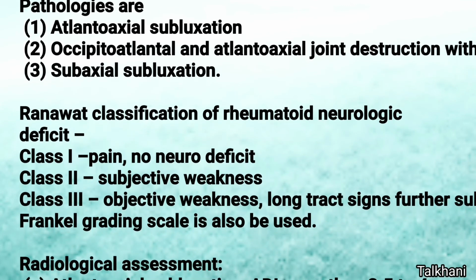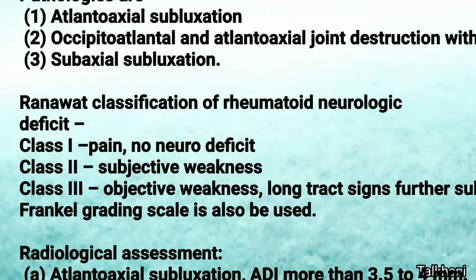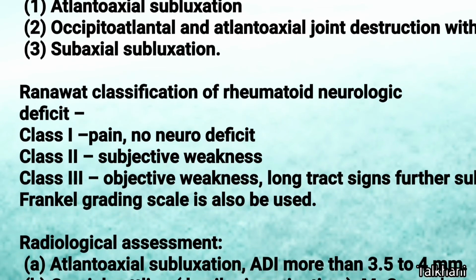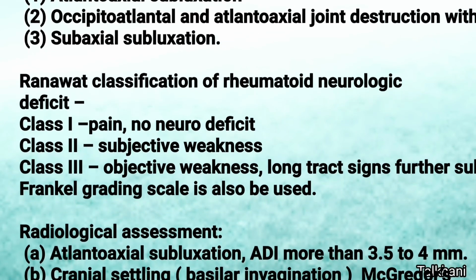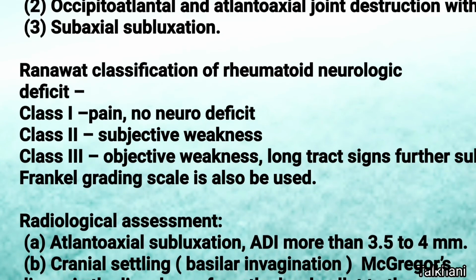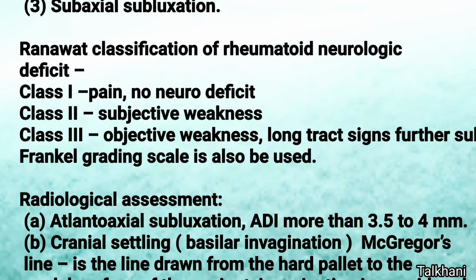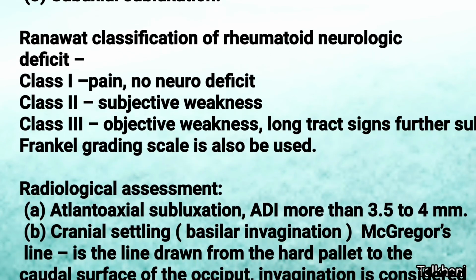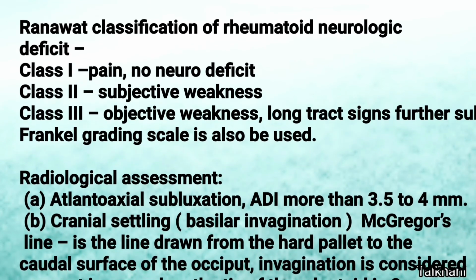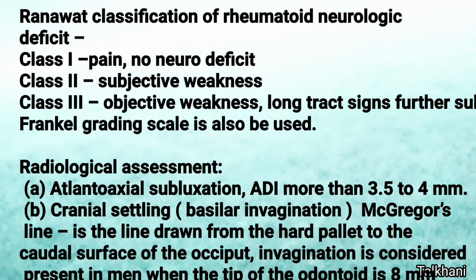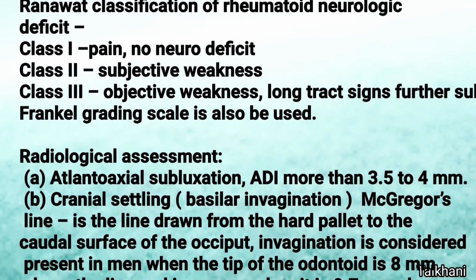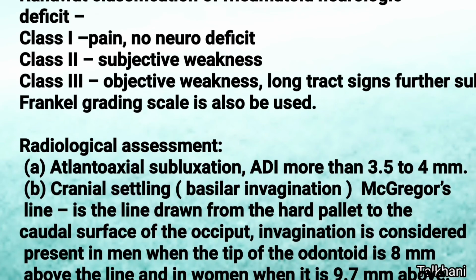Ranawat classification of rheumatoid neurologic deficit: Class 1, pain but no neurodeficit. Class 2, subjective weakness. Class 3, objective weakness with long tract signs. Class 3 is subclassified as A. ambulatory and B. non-ambulatory. Frankel's grading scale can also be used.